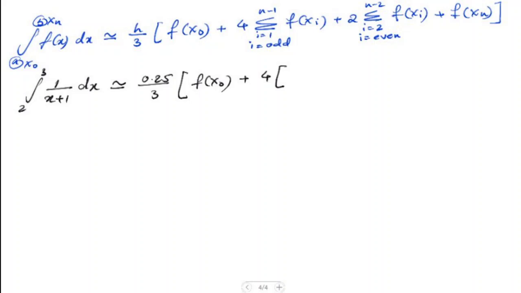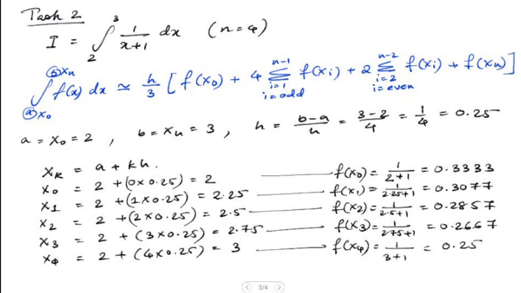the sum over all the odd xi values. We know that f of x0 and f of xn don't fall into odd and even, so leaving those, the odd ones are x1 and x3, so we'll take those two.